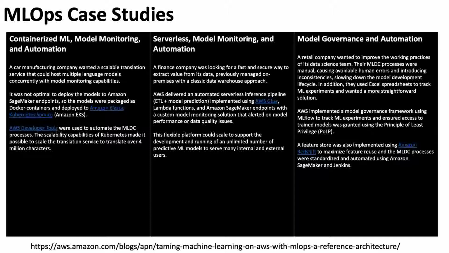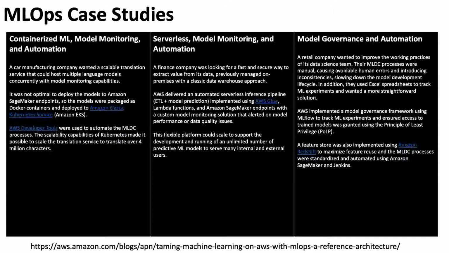You look at the middle one, for that machine learning system, the focus is to create a serverless model monitoring and automation pipeline, with a different focus than the first one, right? Because the first one, you build everything from the ground up. The second one, you actually use in a serverless manner.